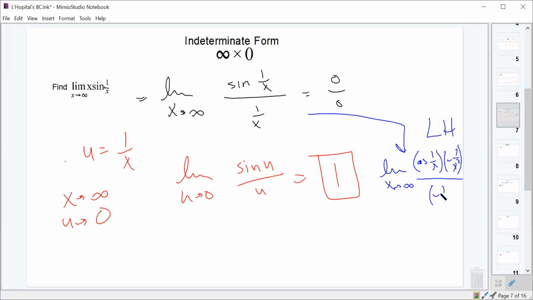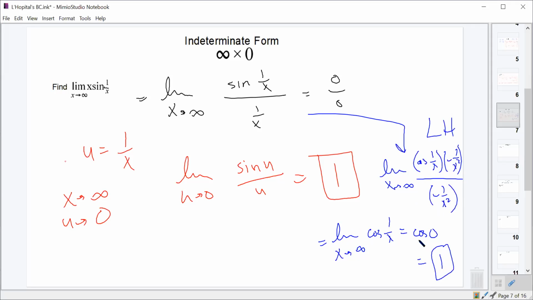And that would give us a negative 1 over x squared in the denominator also for the derivative of 1 over x, which would just give us a limit as x approaches infinity of the cosine of 1 over x if you simplify out and cancel out the negative 1 over x squareds. And if x goes towards infinity, 1 over x is 0, right? So this is just the cosine of 0, which is 1.